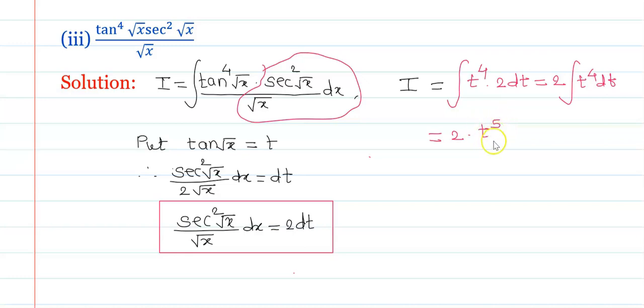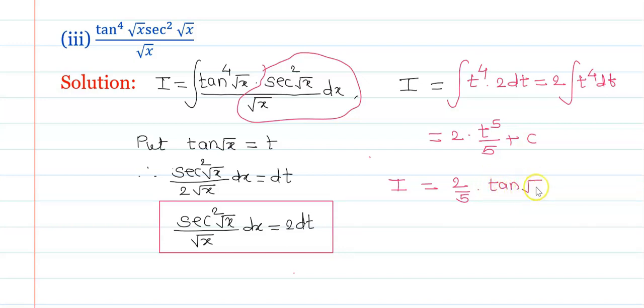And therefore the integral of t raised to 4 means what? Here t raised to 5 upon 5 plus c, and resubstitute the value of t. Here 2 by 5. What is t? t is tan of root x, but its power is 5.